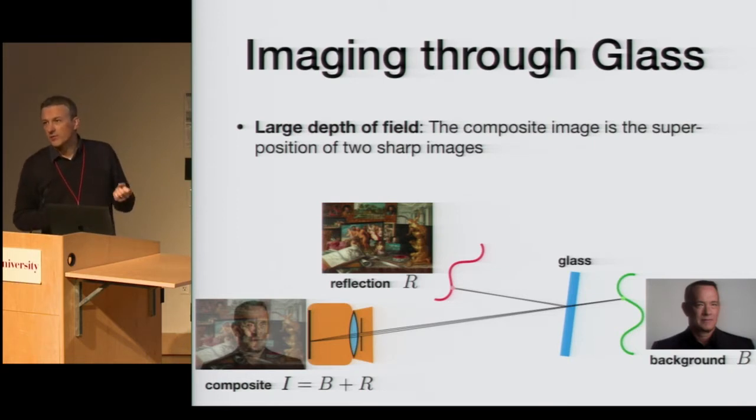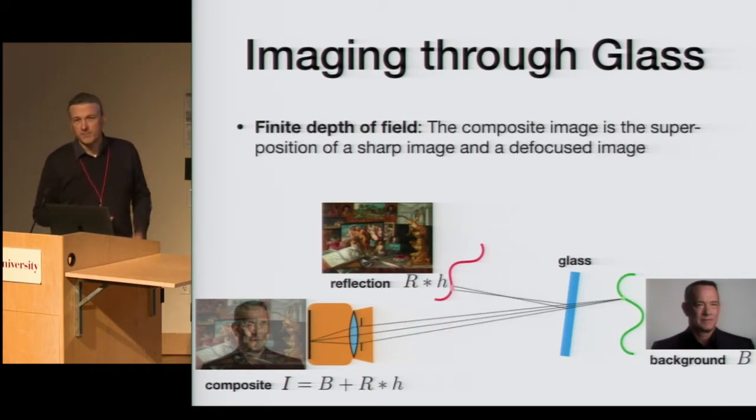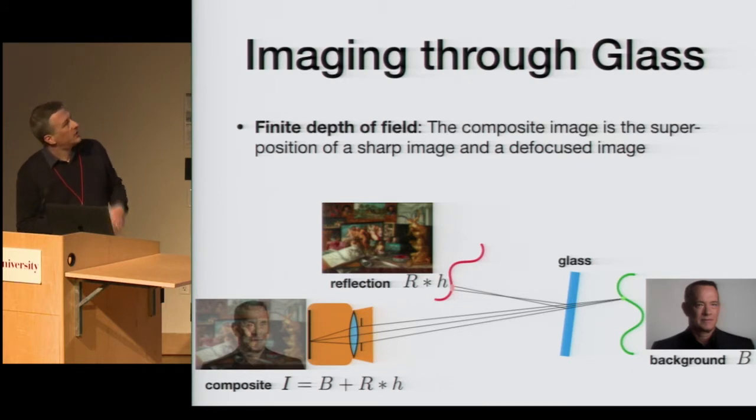However, having a very small aperture means that we need to wait a very long time, so the exposure has to be long to capture good images. So in practice, people use a finite aperture, which then leads to a finite depth of field. And then if we focus our camera on the background, then the reflection will be out of focus.